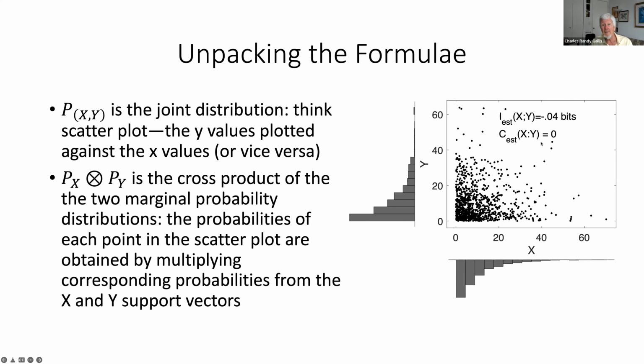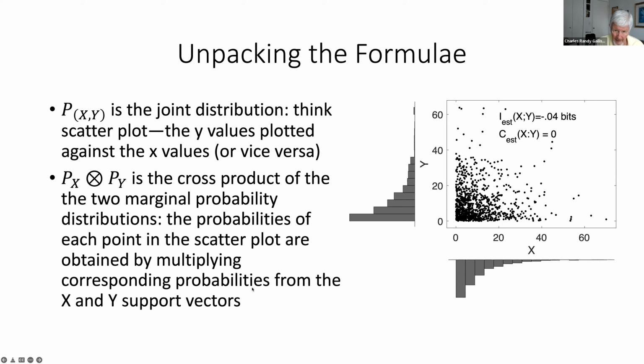So the amount of mutual information is vanishingly small. This is just small sample error. It's actually 0. And when we divide the mutual information by the marginal entropies, we get a contingency of 0. We can come back to this in the questions, because I think I'm almost done.